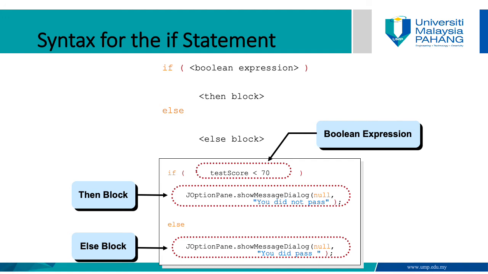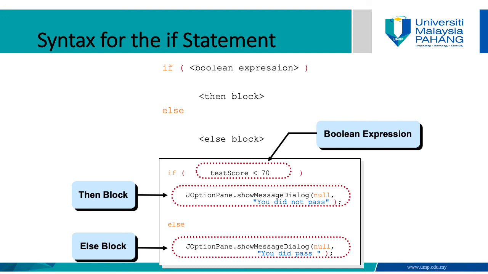First, you must have if, and then you put the Boolean expression in brackets, then a block, and in that block you put your statement, else, and then the else block. So in this then block and else block, you include the condition that you want to do with the program.